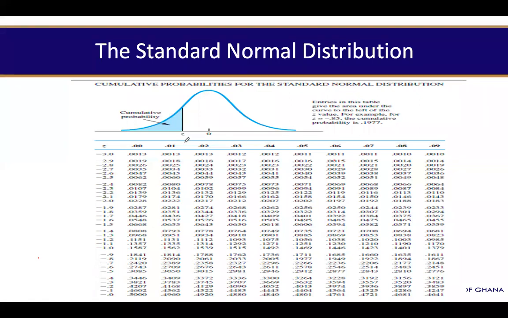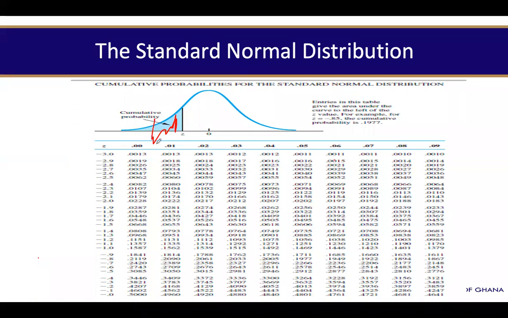We would do more examples and then you would understand what we are saying. Entries in this table give the area under the curve to the left of the z value. So you see, it determines the shaded portion, and it helps us in calculating.